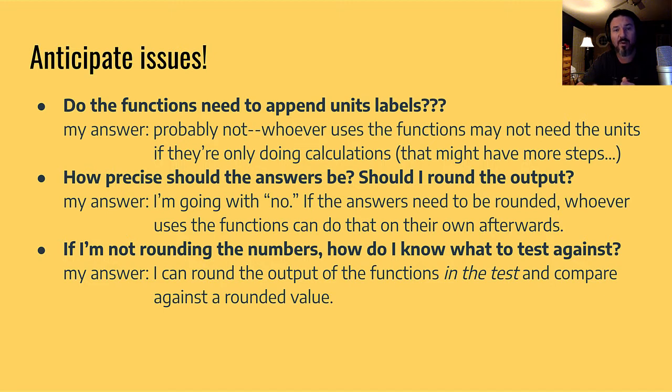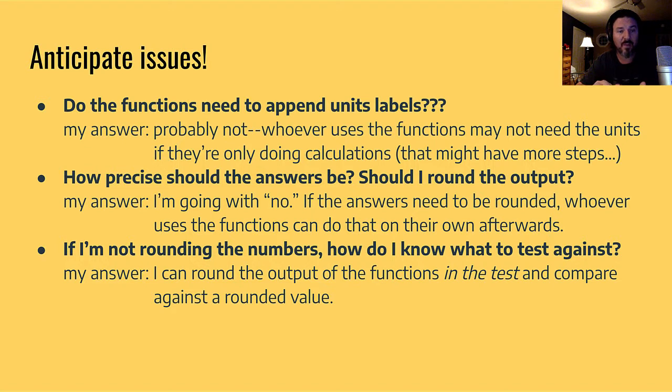Whoever is using the library will know which functions they're using, and they can add the units on after they get the output back, right? And in the case that they're using the results of these calculations as the inputs to maybe some other calculations, then it would be annoying for them to have to strip off any units that I maybe attach to them. So not going to append units here.